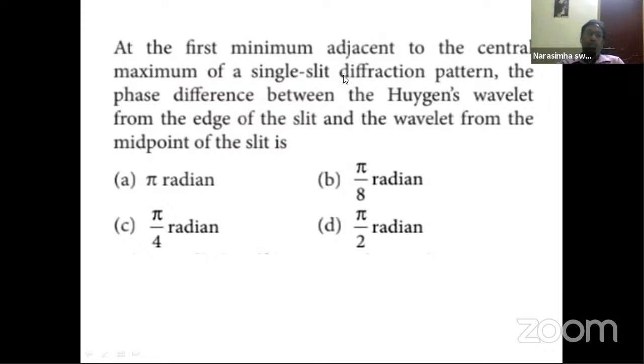Okay, on the single slit diffraction pattern, what is the phase difference between the Huygens wavelet from the edge of the slit and the wavelet from the midpoint of the slit? Both are coming out from the slit. With the help of that, we have drawn Huygens wavelets; we already studied how to draw a wavelet.